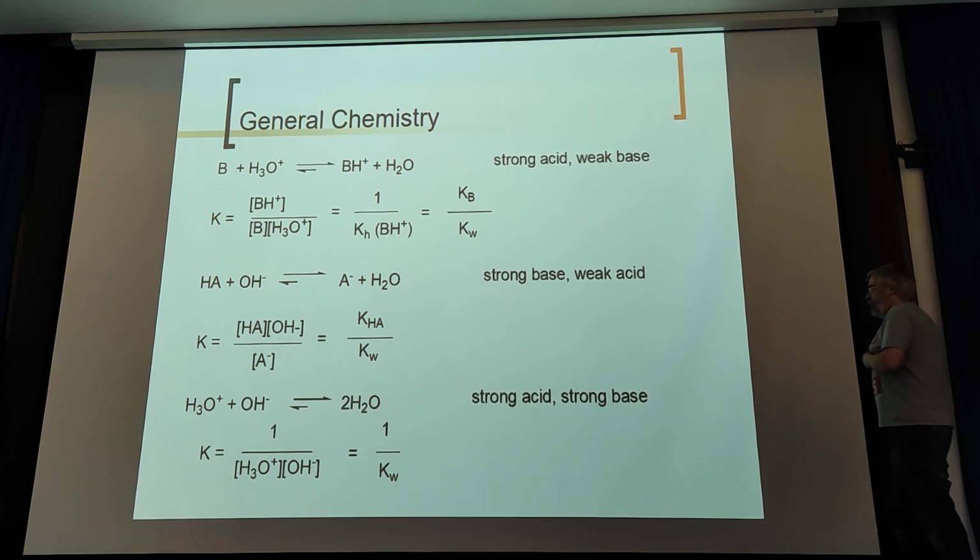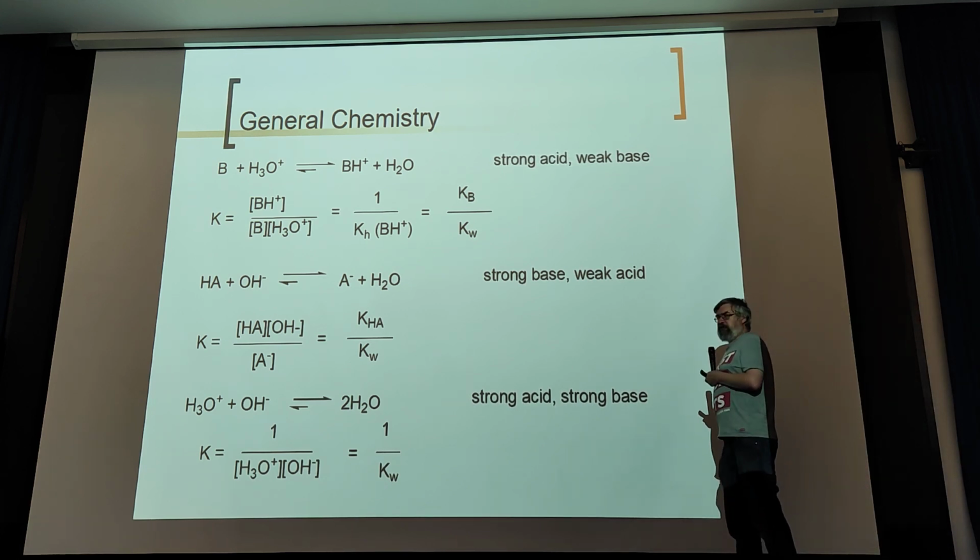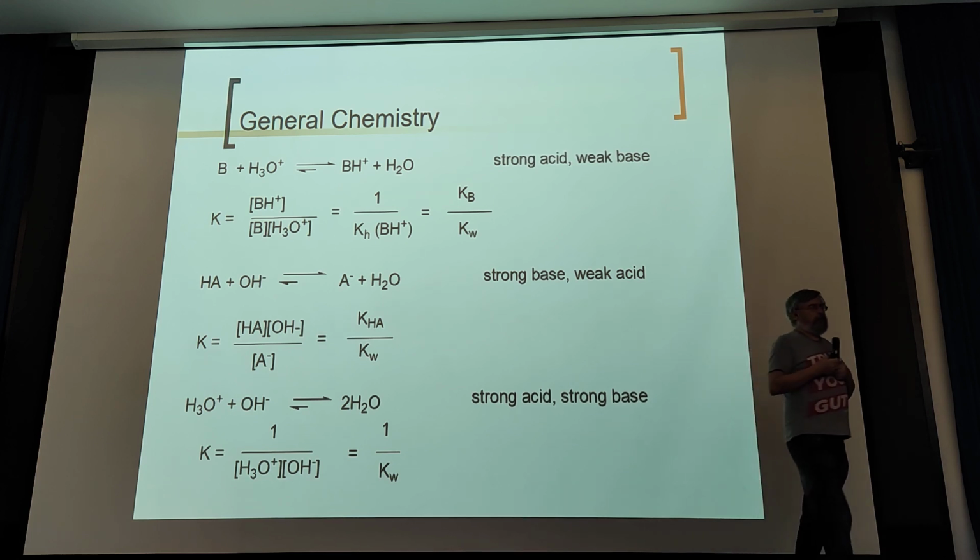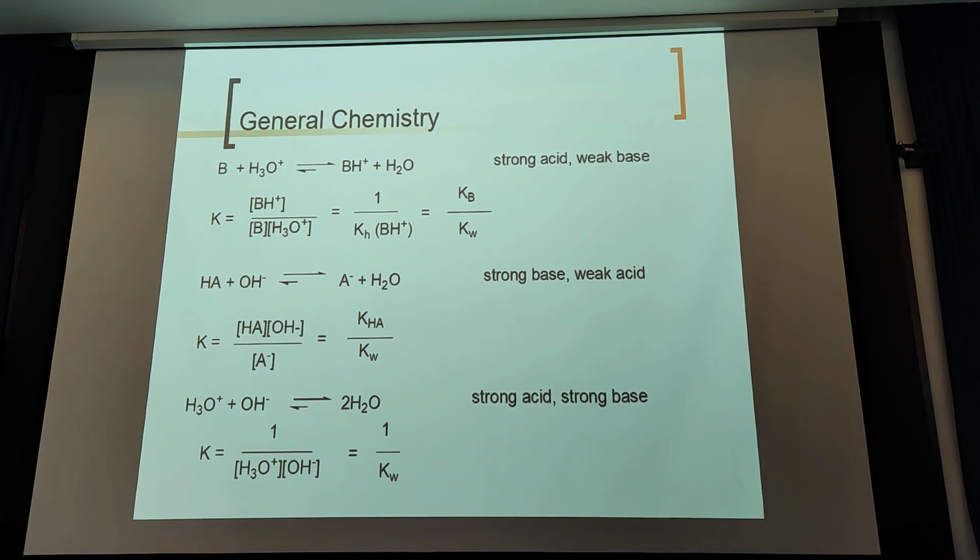Now, what if we add strong acid and strong base? This is a reaction that will be completely to the right. And if you look at it, the product is water. So there are no products in the equilibrium constants. It's just 1 over the two reagents, H3O+ and OH minus.